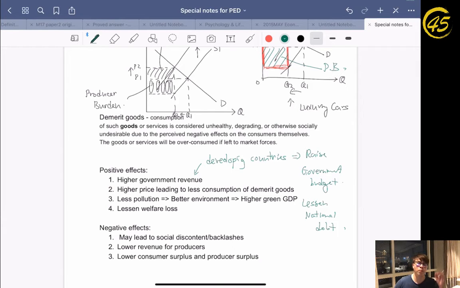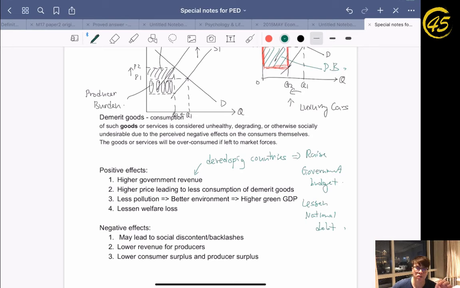The fourth point is that it could lessen the welfare loss. We assume that luxury cars create market failure. If we impose the tax on goods that are being overconsumed, it could lower the welfare loss. These are the positive effects.